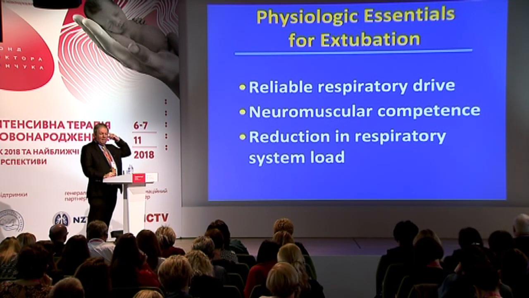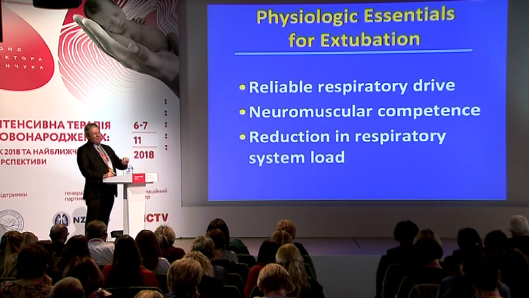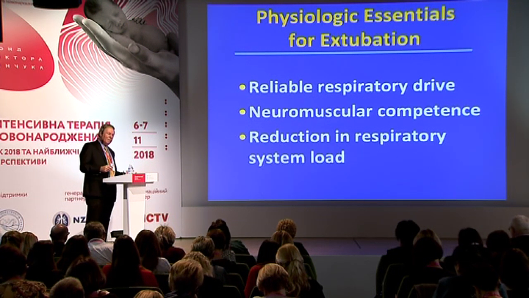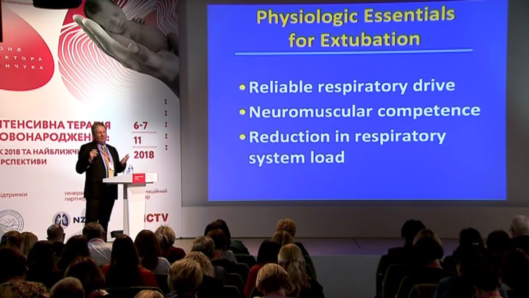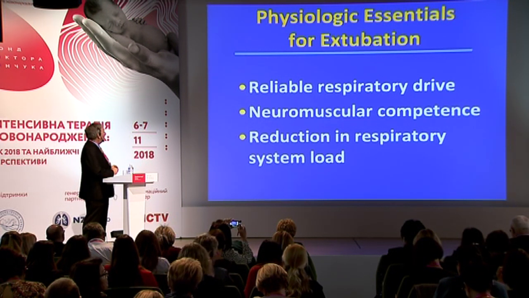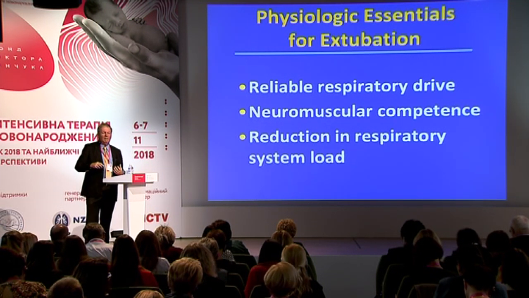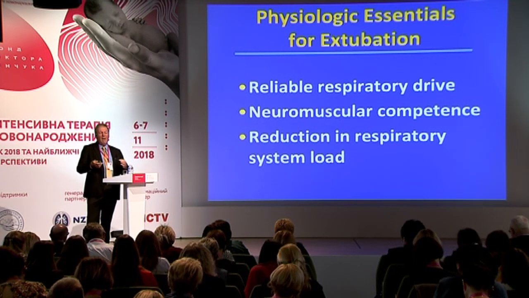You know, there's a signal that originates in the brainstem and the medulla that gets transferred through the phrenic nerves to the diaphragm, and that forces the baby to breathe. So that pathway has to be intact. And finally, there has to be a reduction in the respiratory system load so that the baby is able to adequately, spontaneously breathe against whatever increased work of breathing is present.